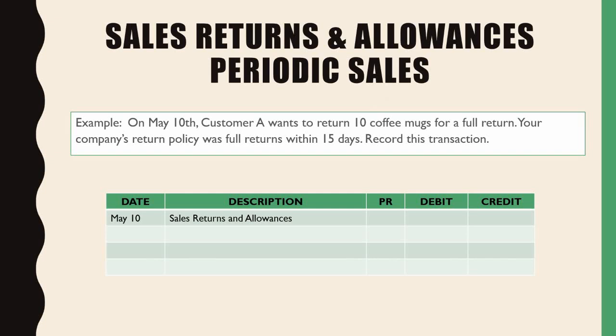And then lastly, what are we going to actually refund to them? How did the customer originally pay us? Cash. With cash. Yes. So we're returning the cash, but we also have to return the sales tax that was also involved with the actual, exactly. So let's go ahead and calculate it. If we originally sold each cup at $5, right? How much? $50 for the sales returns and allowances, right?